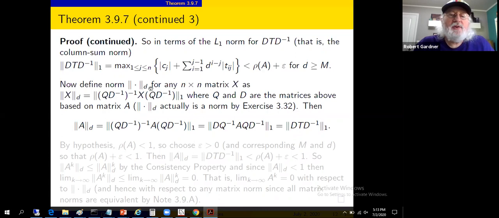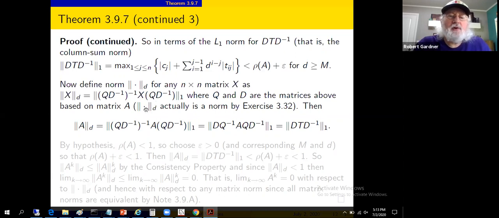So we're going to define a norm, the D norm, for any n by n matrix X. The D norm is defined to be the L1 norm of QD inverse, inverse, X, QD inverse. All right. First off, that really is a norm, left as an exercise. Also, the Q and the D were determined upstairs.